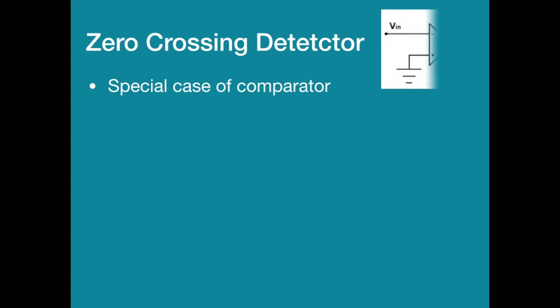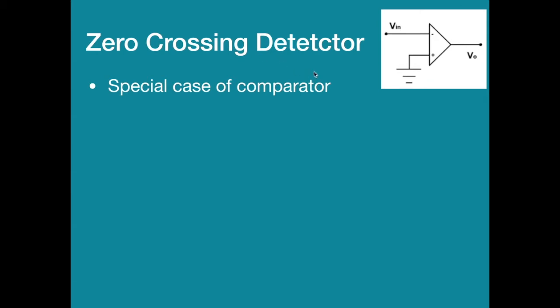Coming to the zero crossing detector, basically zero crossing detector is a special case of comparator circuit. In comparator circuit, if the non-inverting end is grounded and we apply input to inverting end, so basically we are comparing V in with 0 volts, right?